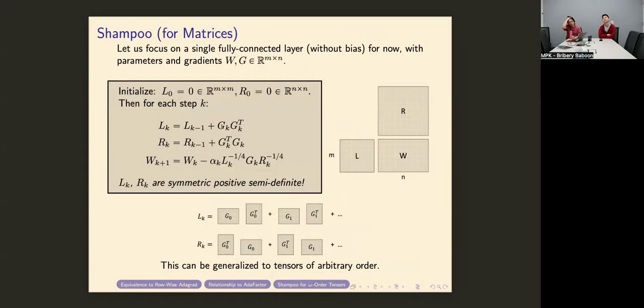So the idea behind Shampoo is to do some kind of off-diagonal preconditioning, but in a context in which I'm only going to consider this within each layer. If you implement an optimizer in PyTorch or in JAX or in these other frameworks, you'll realize that all of these weights are typically handed to you not as a vector, but as individual tensors, a list of tensors that you're operating on.